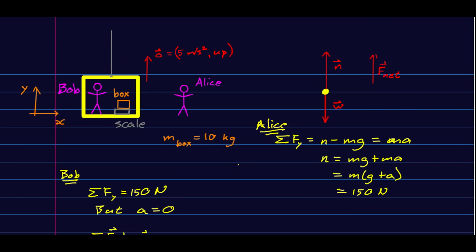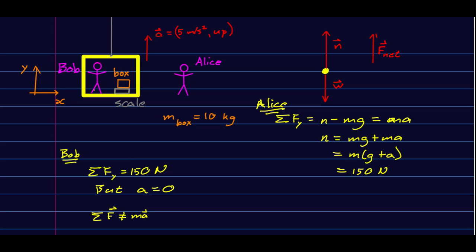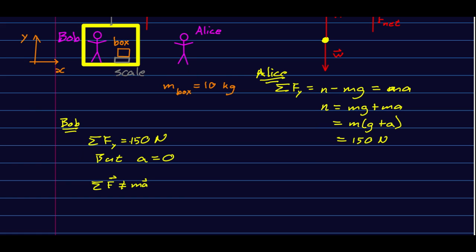So this is an important point. Newton's second law only applies from the perspective of observers who are not accelerating. Notice, Alice is not accelerating, but Bob is accelerating. And so if we take his point of view, and that means if we take his measurement of the acceleration of the box, then we expect that in his point of view, Newton's second law fails.